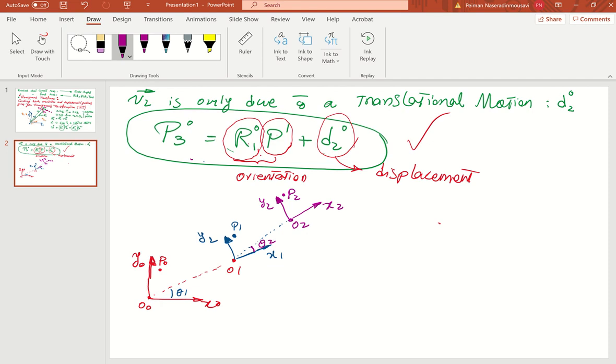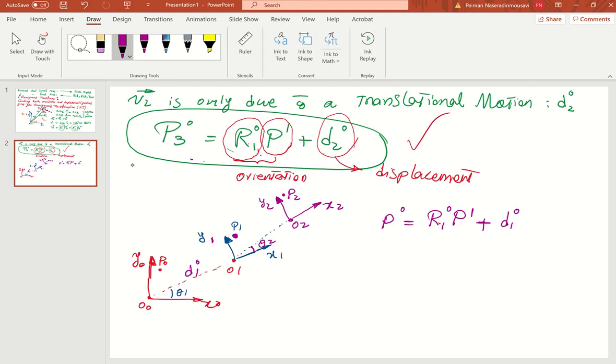You're going to say P with respect to 0 is going to be R1 with respect to 0, times P with respect to 1, plus this translation D1 with respect to 0, the displacement of frame 1 with respect to 0, as we did above.